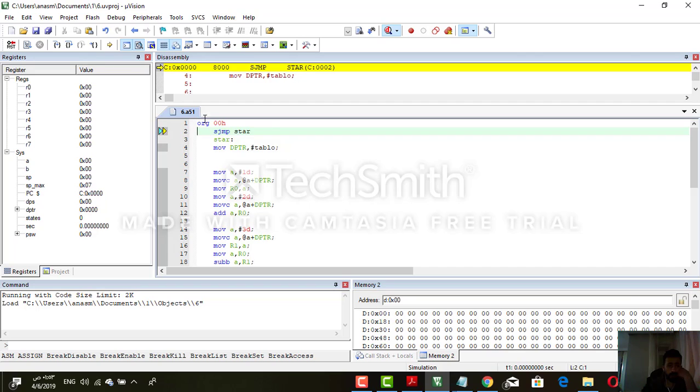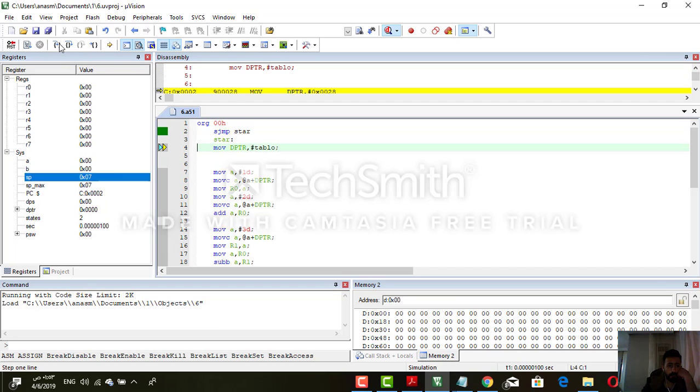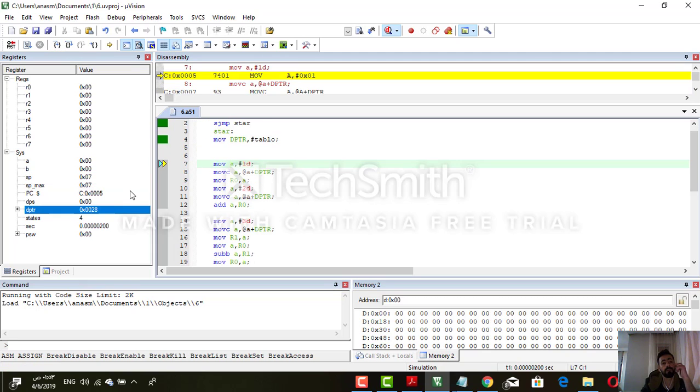So when we started the program, at first step, as we see, data pointer, our first step, stack pointer, as we know, after reset it will start from 07 point. Data pointer, as we see, the value is 28.